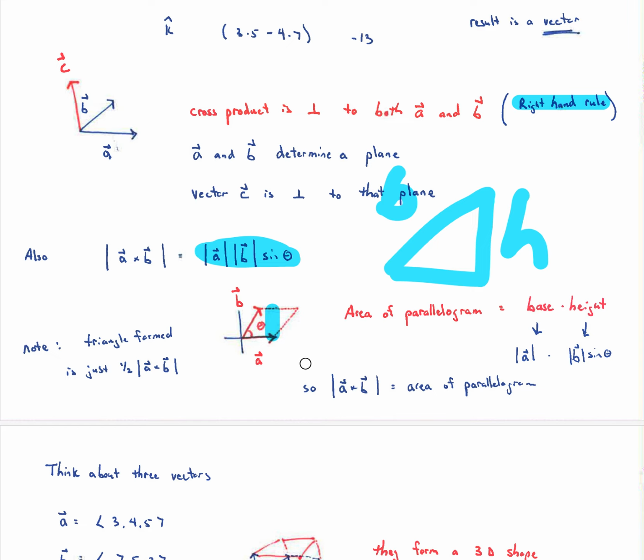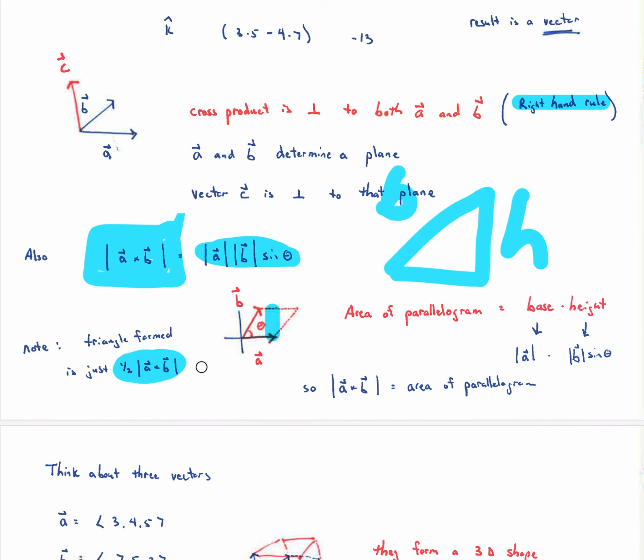So, this is a new thing you now know: the magnitude of the cross product actually equals the area of a parallelogram. Okay? And if you want the area of the triangle formed by two vectors, well, then you just take half of it. All right, so think about what you've all done so far. You now know how to take the cross product between two vectors.